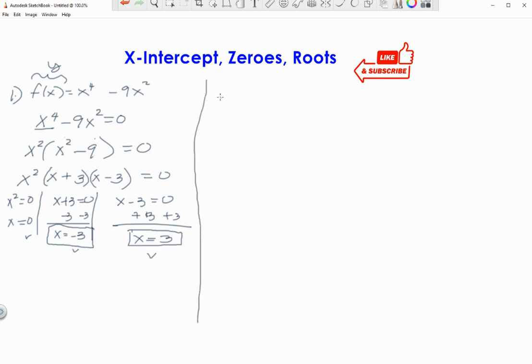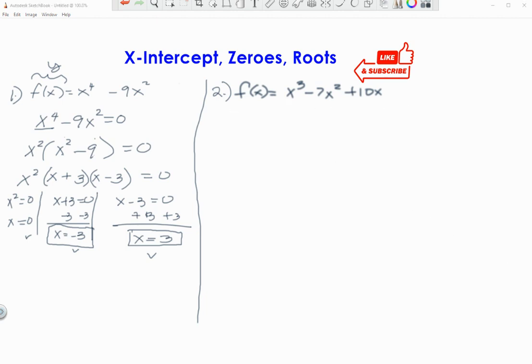Okay, now let's do a second example. f of x equals x cubed minus 7x squared plus 10x. Again, we can set this one equal to 0.